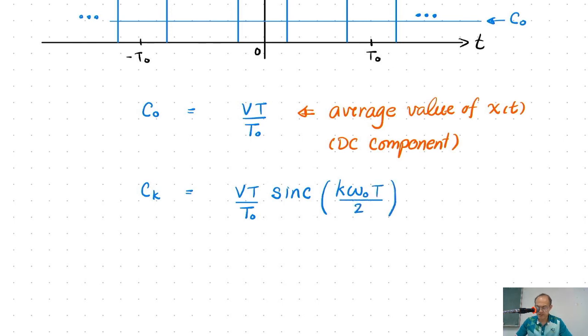And these are the Fourier series coefficients for all k. And omega 0 is 2 pi over the period.